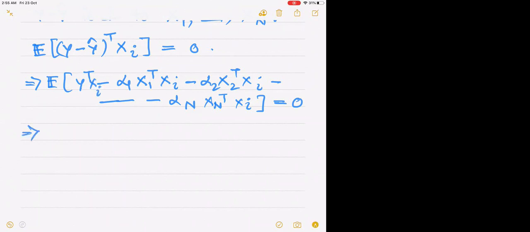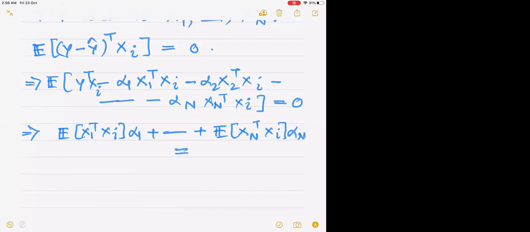Expectation is a linear operator, so if I rearrange this equation, what I'm going to get is the expectation of x1 transpose xi into alpha 1 plus dot dot dot up to the expectation of xn transpose xi into alpha n. That ought to be equal to the expectation of y transpose xi, and this ought to be true for all i.